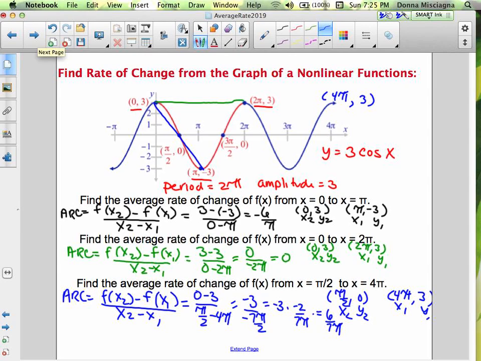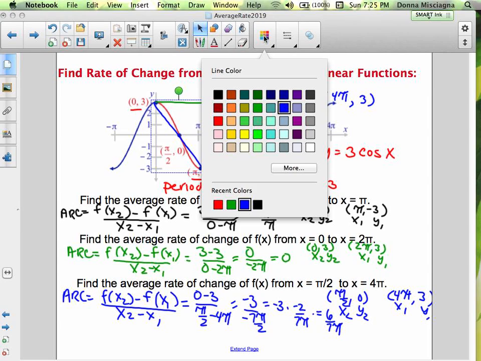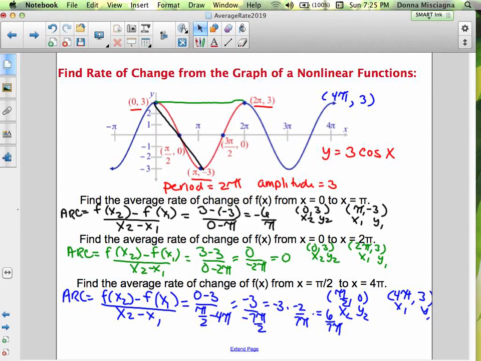I should have done this one in black, I guess. Here, I'll do that one in black so it matches the color I wrote in. There we go. And so this is the slope of the line connecting (pi halves, 0) with, that's not a very good line, but (4 pi, 3).